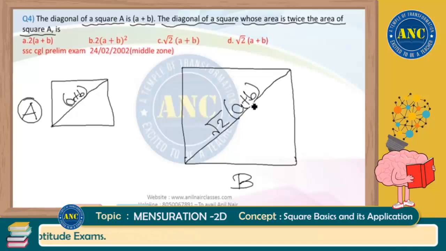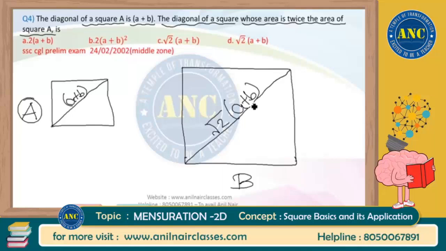The old diagonal was a plus b, multiply it by root 2. The answer is root 2 times a plus b. That is what I concluded from my previous question. I hope I am making sense and you are understanding it in the easiest way possible.